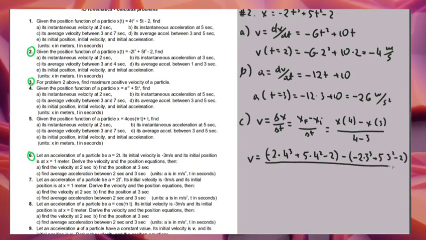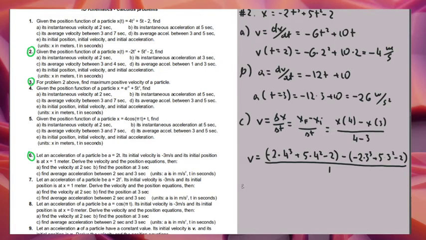All of this is divided by the time interval, which is just 1 second. I'm actually not going to calculate this out, but you probably should. That will give me the average velocity between 3 and 4 seconds.